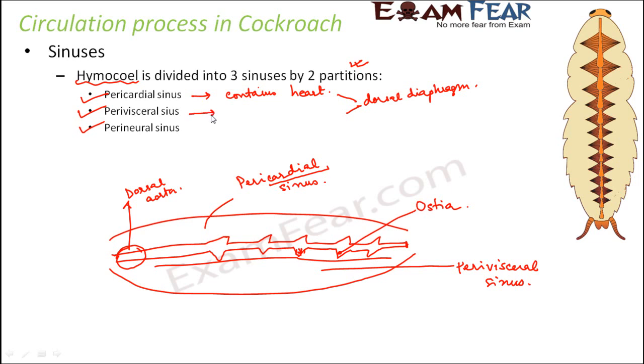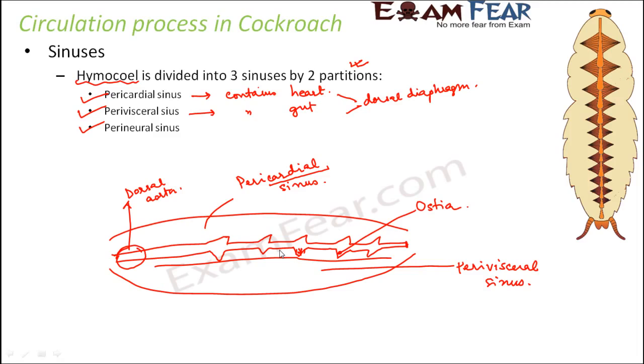What does the perivisceral sinus consist of? It contains the gut, that is the digestive tract. So you have the heart, below that the digestive tract, and below that the ventral nerve cord. These are the 3 important things which run throughout the body of the cockroach. The part of the sinus which contains the heart is pericardial sinus.